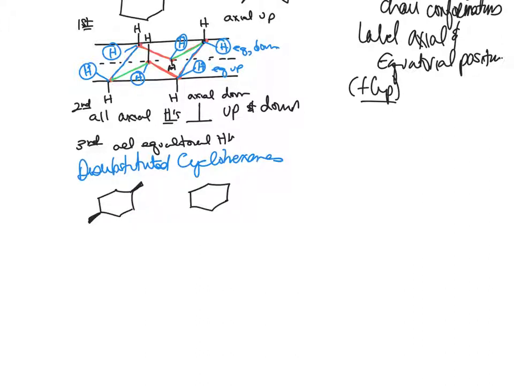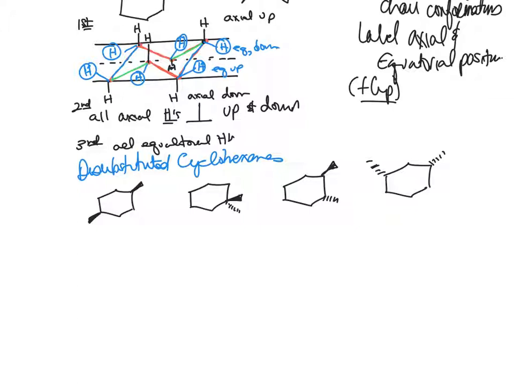Here's this one. Now, your goal is to draw the lowest energy chair conformation and label axial and equatorial.